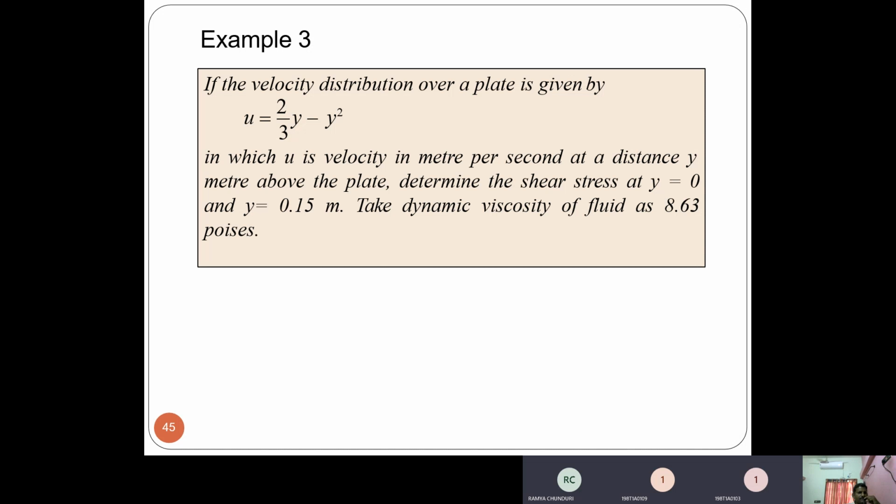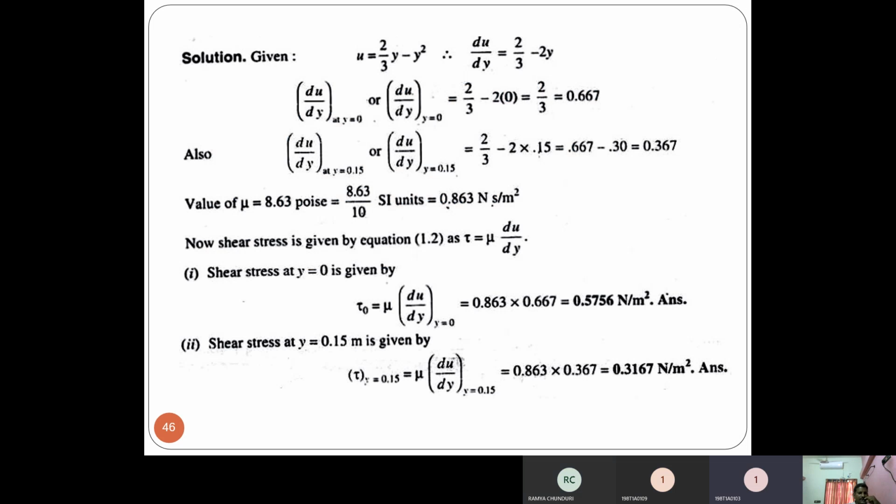How to solve the problem? Next slide. First we take the given relationship between velocity and length, that is given by u equal to 2/3 y minus y square.